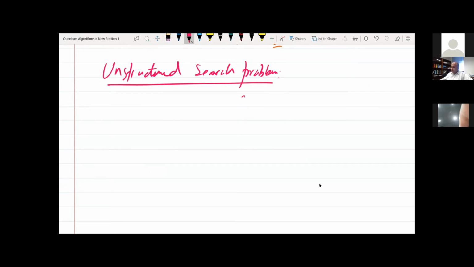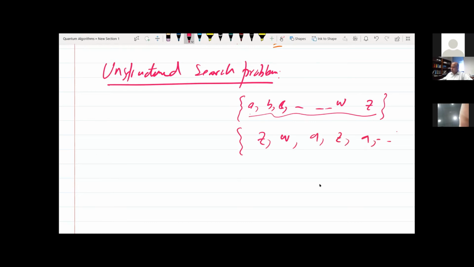Suppose you have a bunch of data, let's say some names, or let's say some characters, A, B, C, etc., all the way to Z. And you want to, let's say, find the character W. And this database is not alphabetically ordered, but it's randomly structured, and so on. So there's no structure to this database.